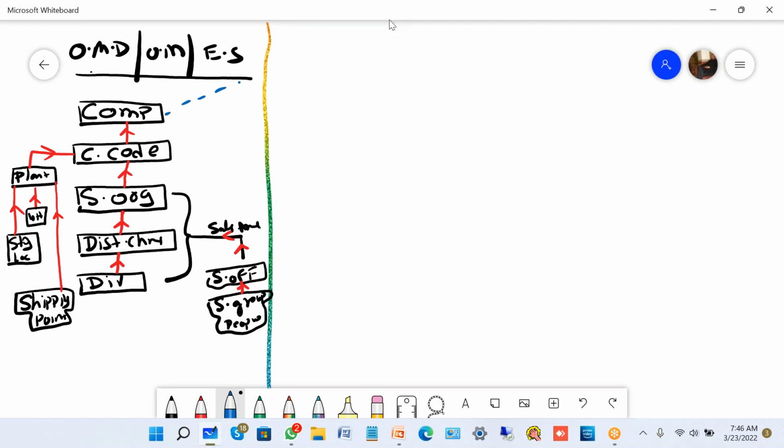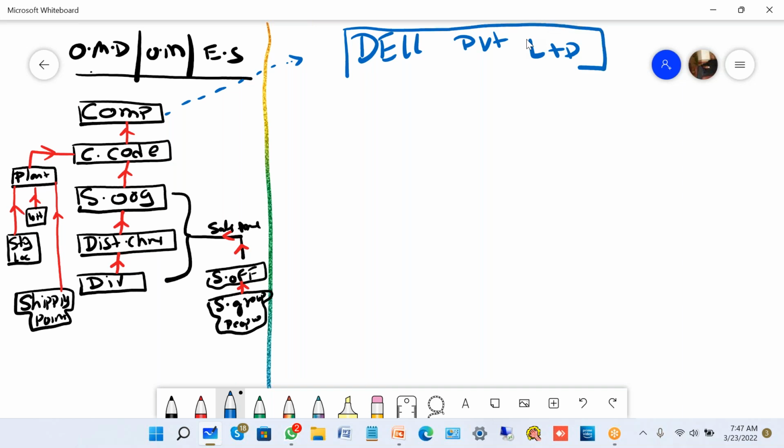Company is the root identity of a business process. Company is an entity, a legal entity. So here it is all about Dell Private Limited. This is a root, right? Done. Now what is this? This is the financial body.